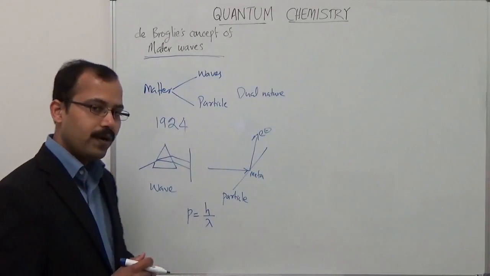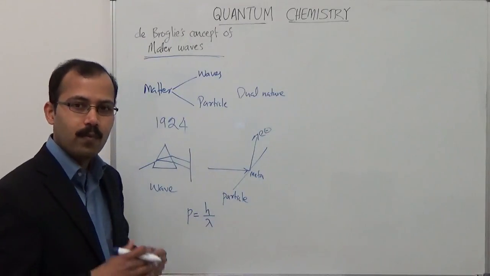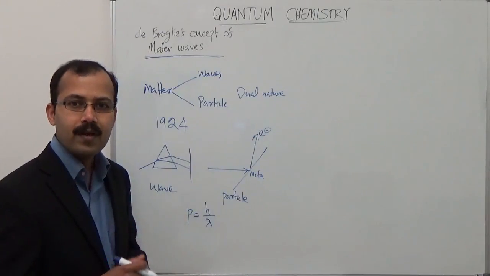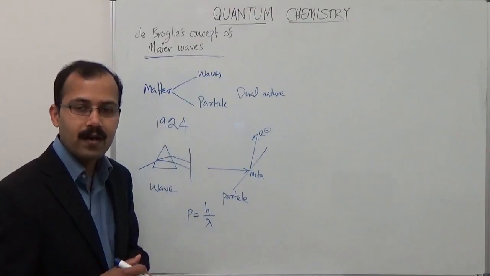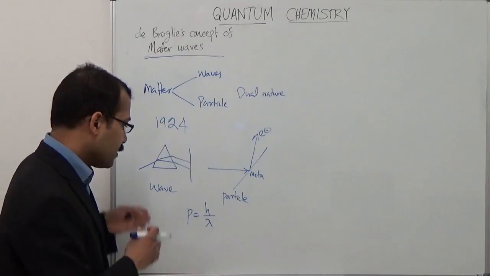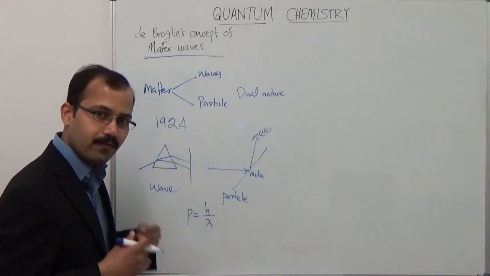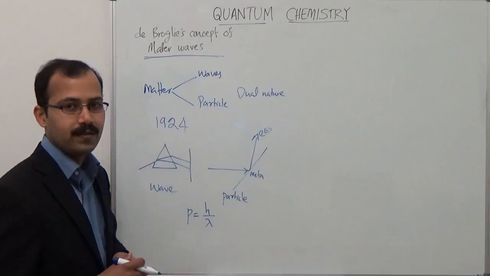And Louis de Broglie suggested that if light can behave like both particle and wave, matter can also behave like both particle and wave. And not only that, such matter which behaves like wave and particles also obeys a similar equation.